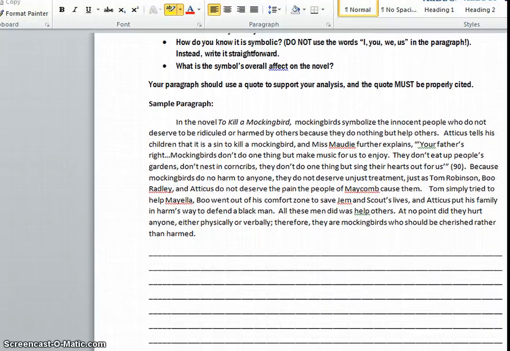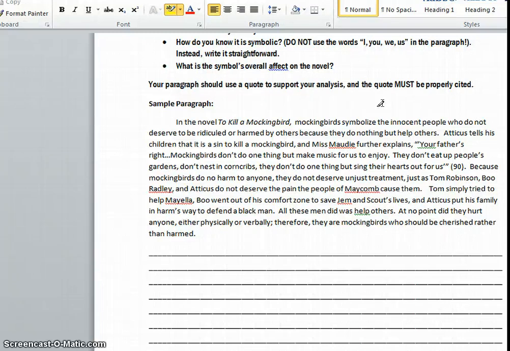Now, in this particular case, the teacher has given a sample paragraph, which is important to look at. So in this case, in the novel To Kill a Mockingbird, mockingbirds symbolize the innocent people who do not deserve to be ridiculed or harmed by others because they do nothing but help themselves. All right, our first step has been noted.